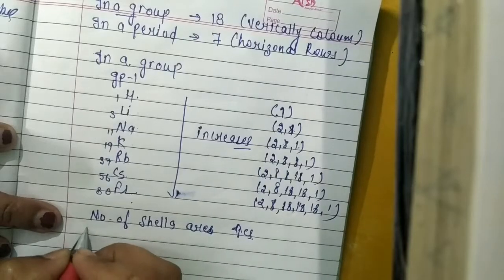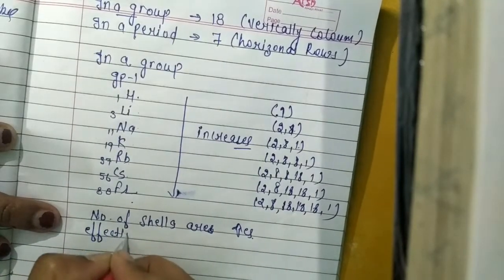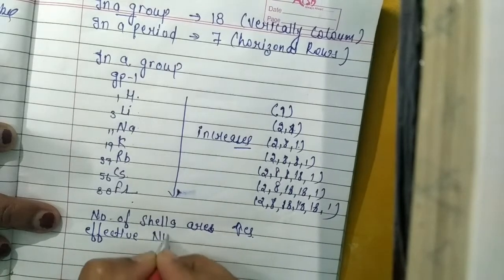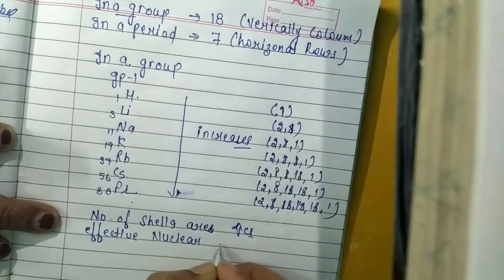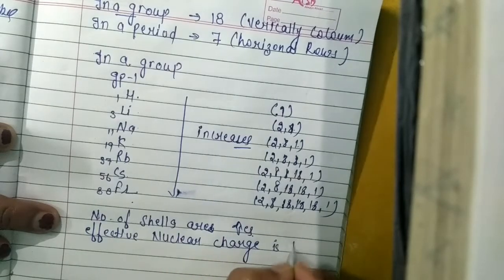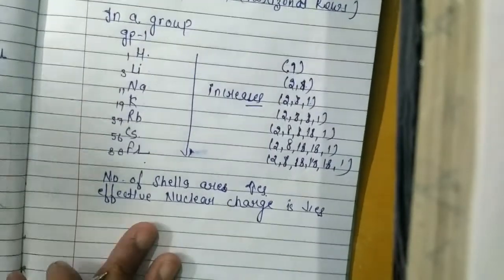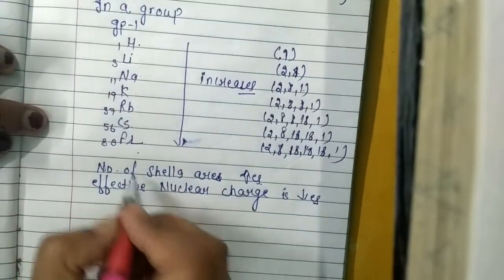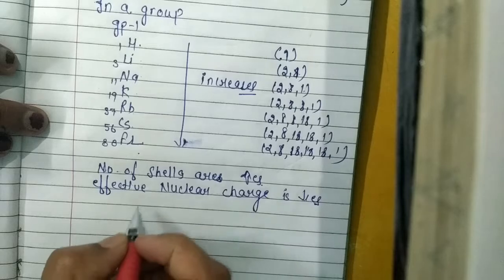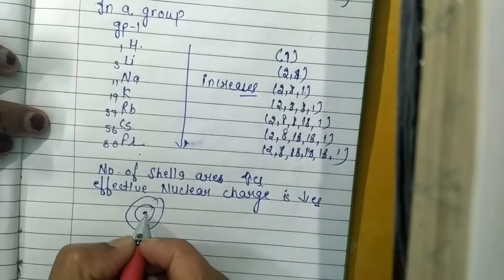So that's why the effective nuclear charge decreases. Clear? Same as we discussed in our 10th. The number of shells is increasing. Effective nuclear charge means the attraction from the center to the outermost shell.